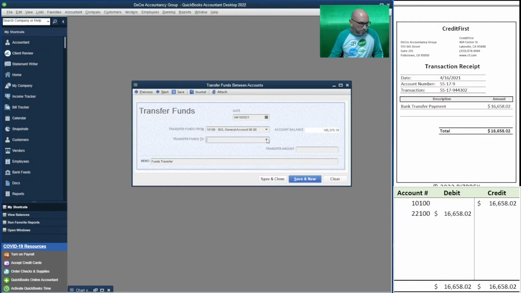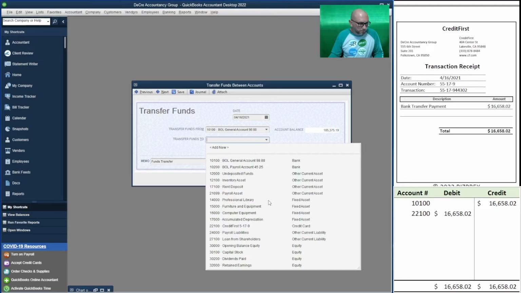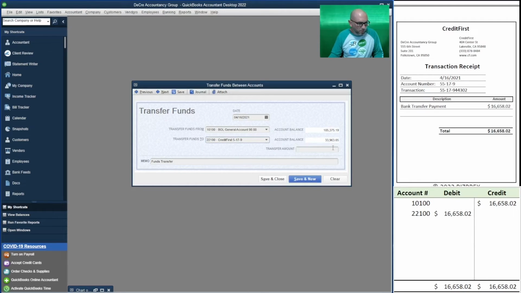General bank account, credit card. There it is. This amount right here, what is it? It's a credit to account 10,100 because 10,100 is an asset and it is being reduced when it is credited.